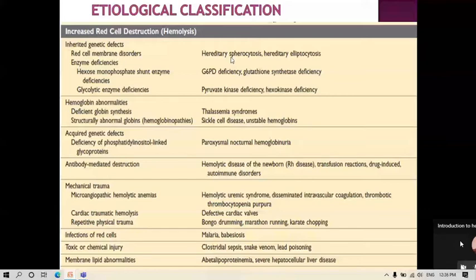They will not be able to pass through those very narrow channels or sinusoids of the spleen, so they will be destroyed inside the spleen, that is extravascular hemolysis.